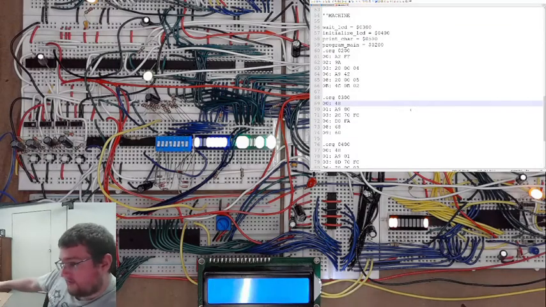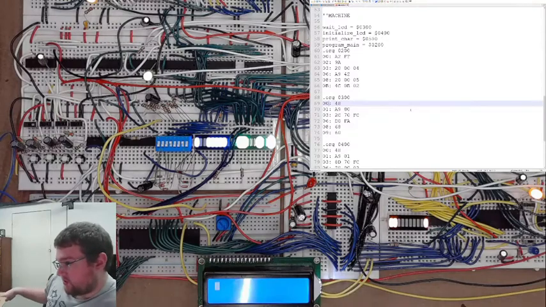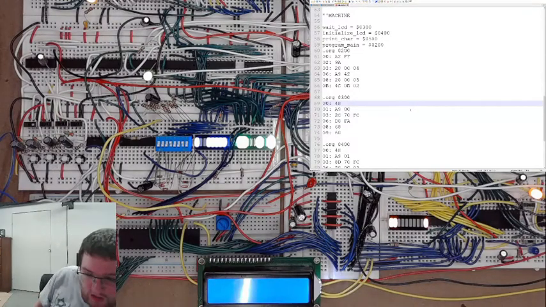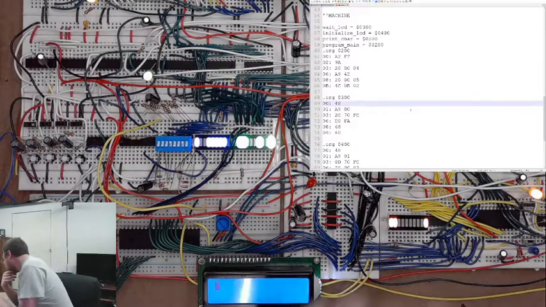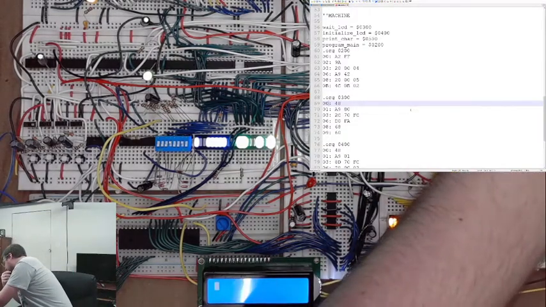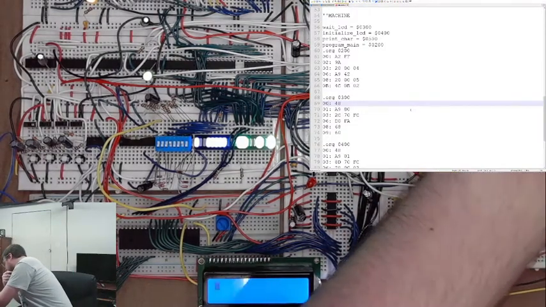If I'm running it off that clock and not the button, it does not work. So what is causing that is the question. How come my clocks are either not clear and I'm clocking too many times? We can check that by going to the absolutely slowest clock.